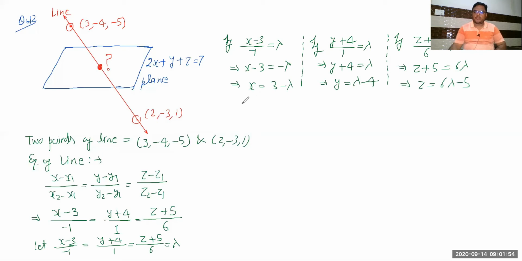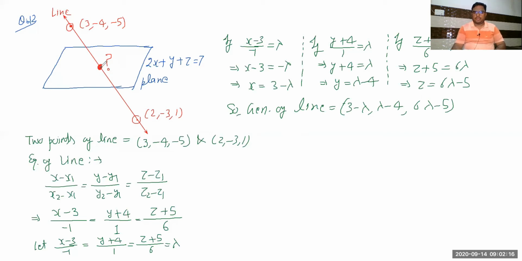If we combine these, we will get the general point of line. This general point of line is (3 - lambda, lambda - 4, 6 lambda - 5). Since it is general point of line, it represents all the points of the line.